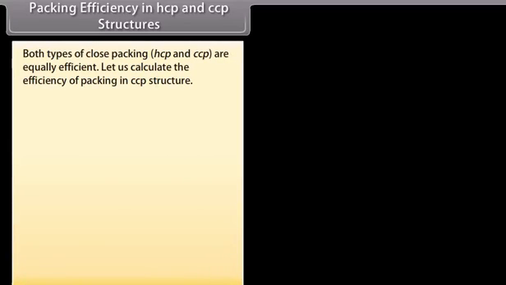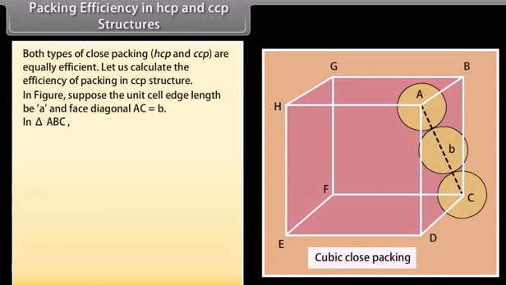Packing efficiency in HCP and CCP structures. Both types of close packing, HCP and CCP, are equally efficient. Let us calculate the efficiency of packing in CCP structure. In the figure, suppose the unit cell edge length BA is a and the face diagonal AC is equal to b.